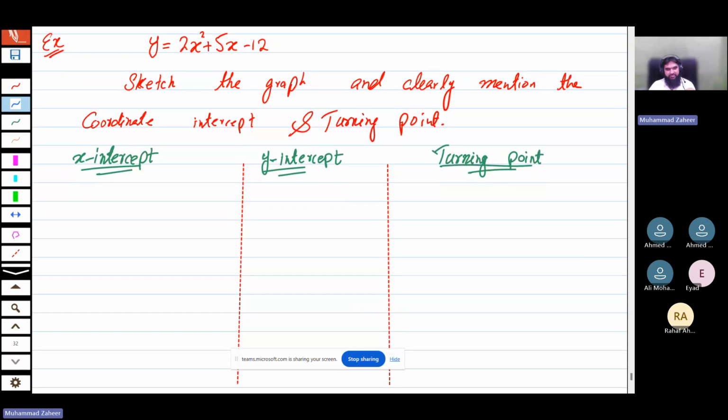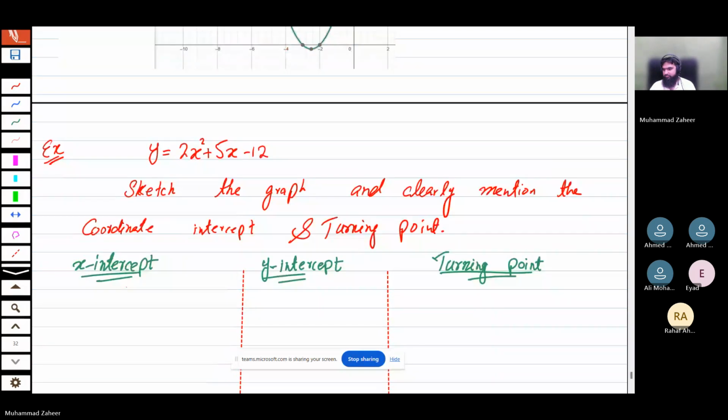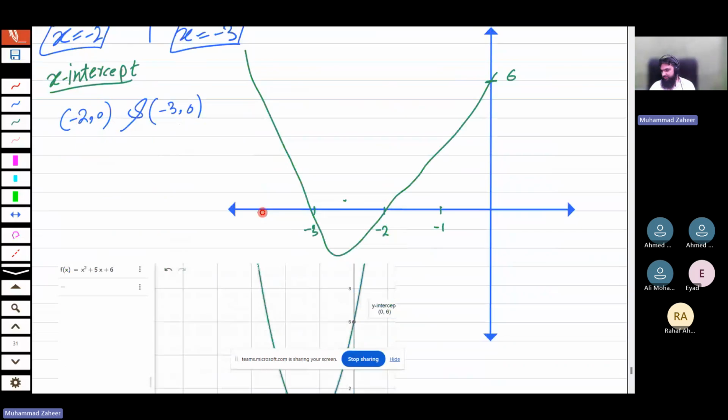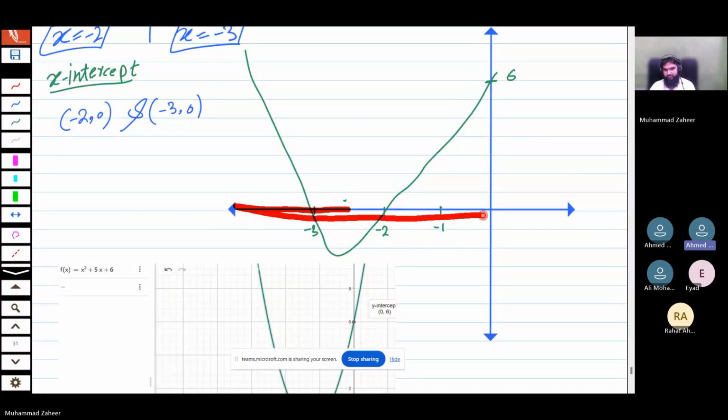Now for the x-intercepts, which value is 0? What is the value of the y-coordinate? y is equal to 0 for the x-intercept, and for the y-intercept, x is equal to 0.